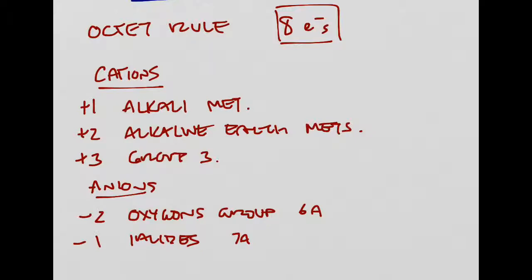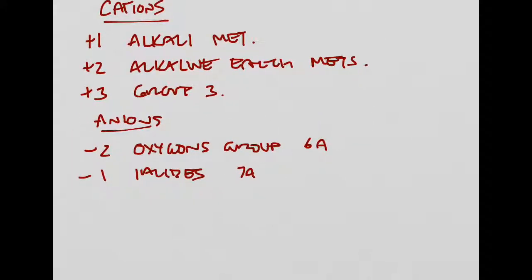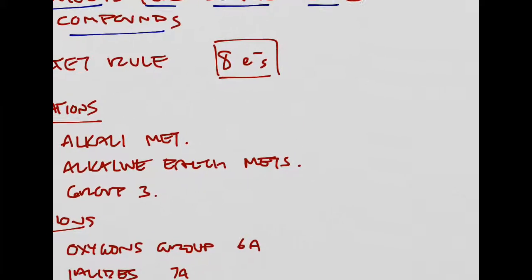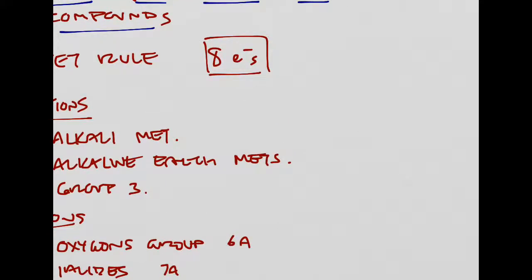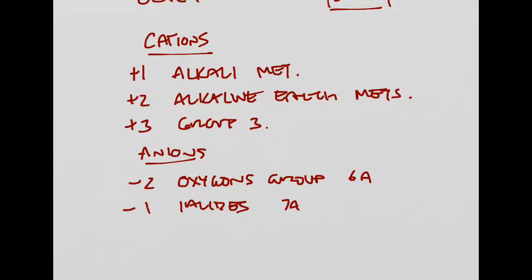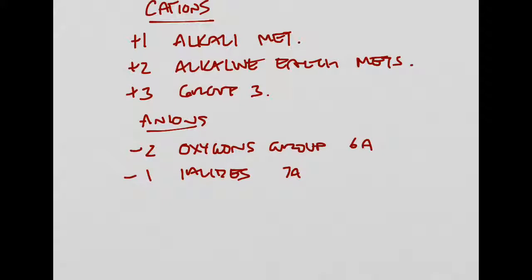Now, that's going to be really important for us as we begin putting these things together and understanding what's happening. Don't forget, the octet rule means that we want to make sure that the two atoms satisfy having 8 electrons in their valence shell. So when you're putting together cations and anions, you always want to start off with the metal first.